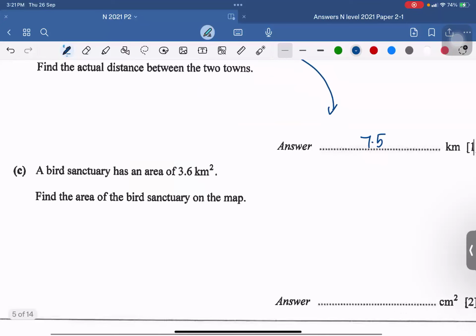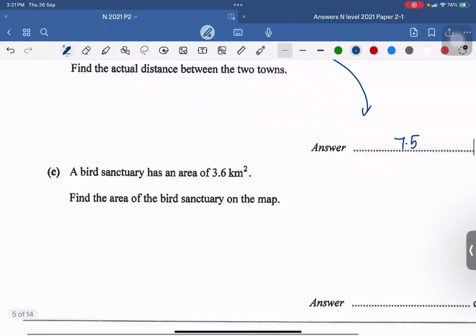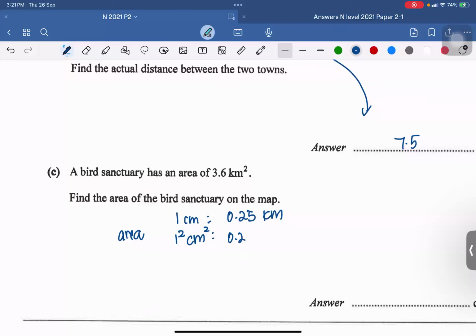Okay, they want now the area scale. How do we convert the area? Anyone, how can we convert the area? Square. We square everything. 1 square cm squared, followed by 0.25 square km squared.